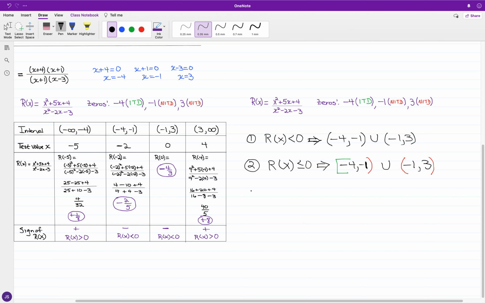Now, for r of x is greater than 0, where we have greater than 0, you're looking at the first and the last interval sections, no brackets to deal with here since they don't have the equal sign. So we have those values of x less than -4 along with those values of x greater than 3.